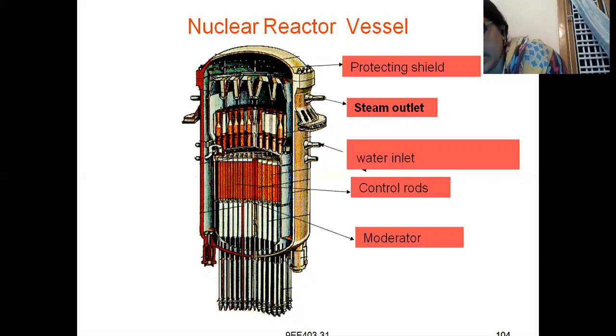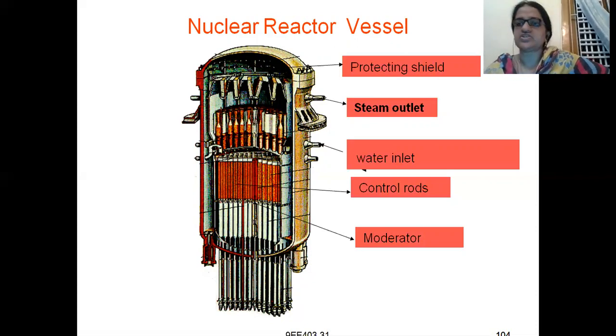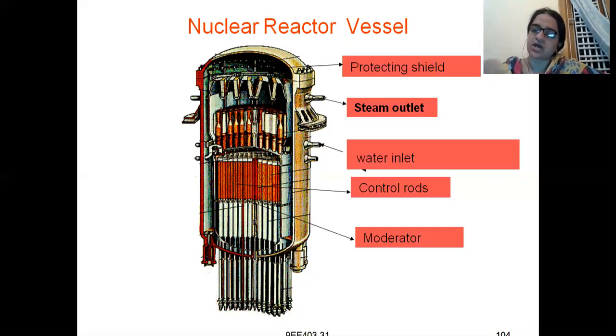In the heat exchanger, the water surrounding the tubes of coolant increases its temperature and is converted into steam. So this is the water inlet, this is the steam outlet.